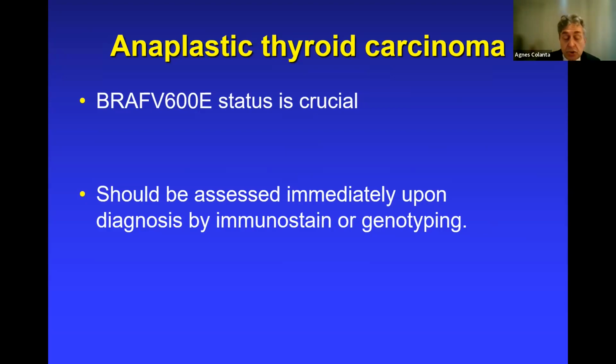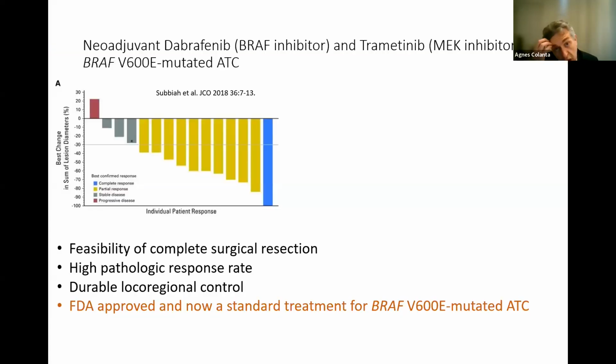And this is crucial because those patients who are BRAF mutated, as was shown by this study, when you give them BRAF inhibitor and MEK inhibitor, this BRAF V600E mutated anaplastic carcinoma, there is a chance that they will become resectable. And we have seen high pathologic response rate, and there is durable local regional control. And now actually it's an FDA approved and a standard treatment for BRAF V600E mutated anaplastic carcinoma.